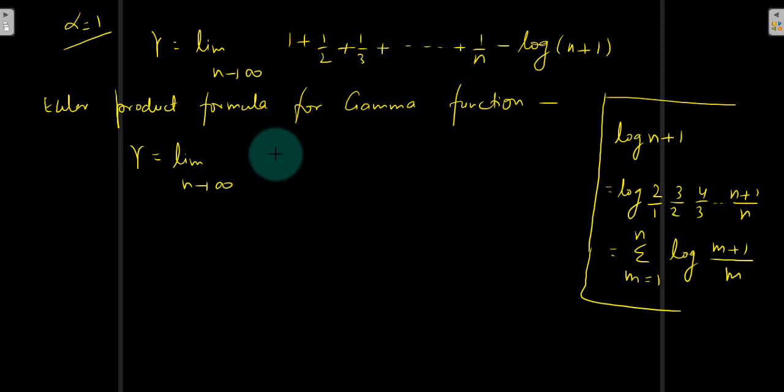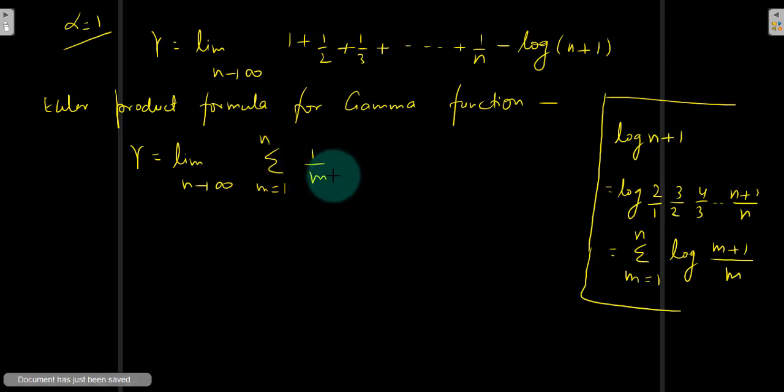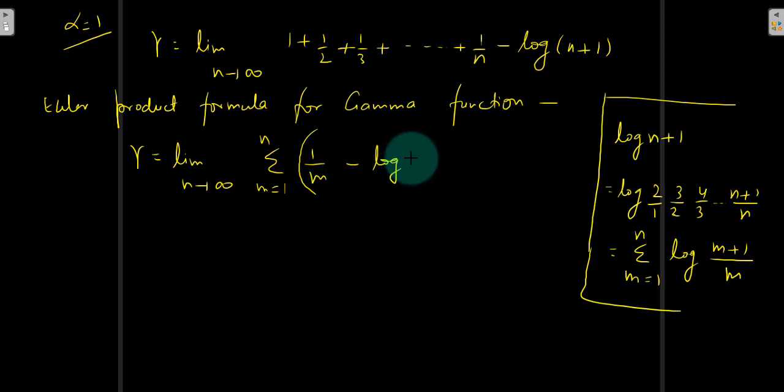I'm going to write it as 1 over m, because if I take the summation m equals 1 to n, I will get 1 plus 1 over 2 plus up to 1 over n, right? And in place of log(n+1), if I write this, then simply it becomes 1 over m minus log of (m+1) over m.